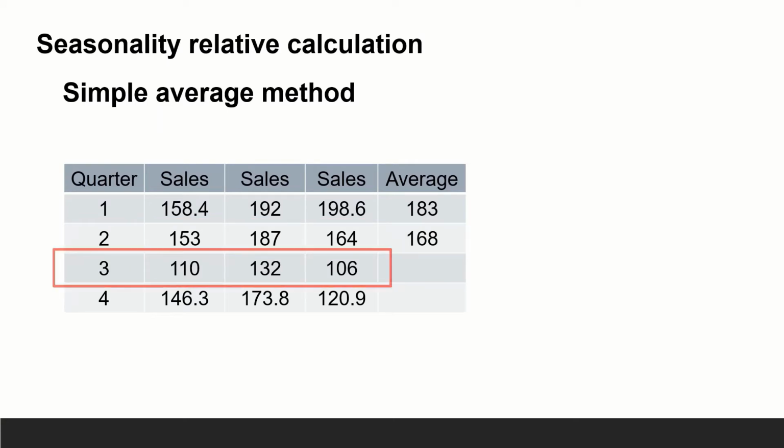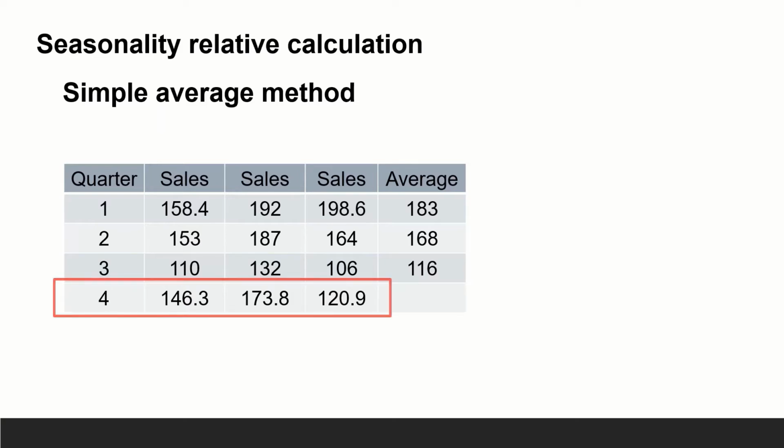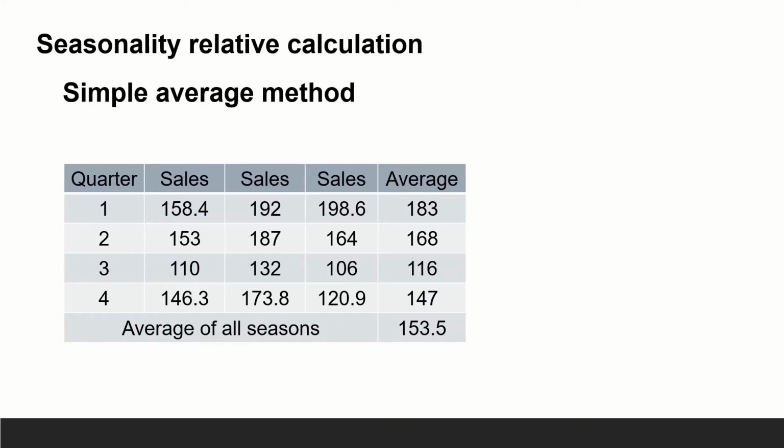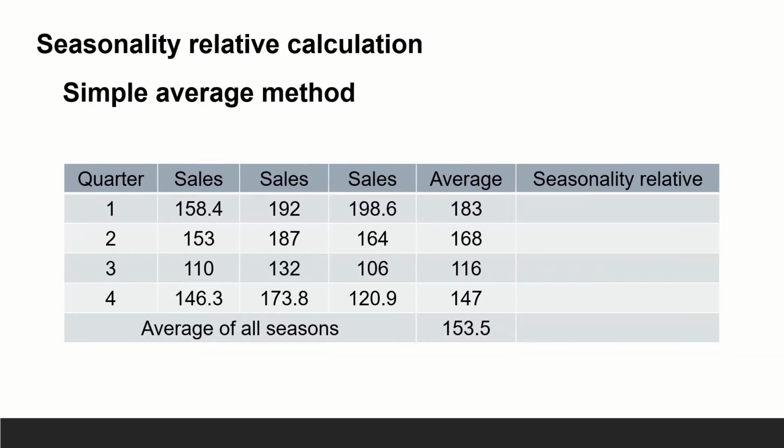The average for season 3, which is quarter 3. And the average for season 4, which is quarter 4. After that the average of all seasons has to be calculated. Then, to obtain the seasonality relative for each season, divide the season average by the average of all seasons.